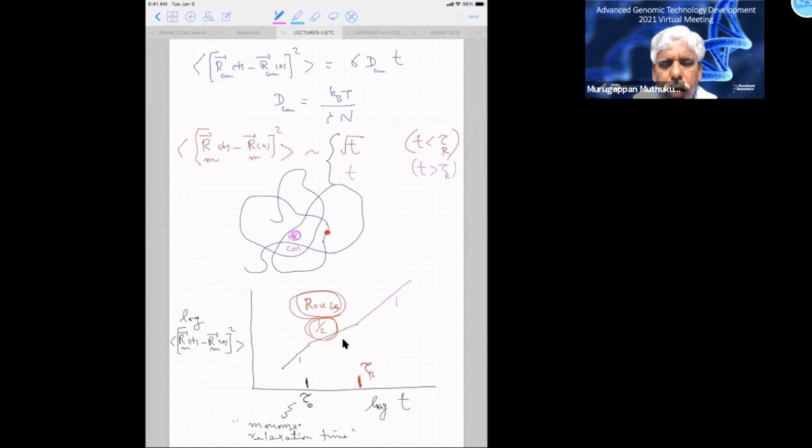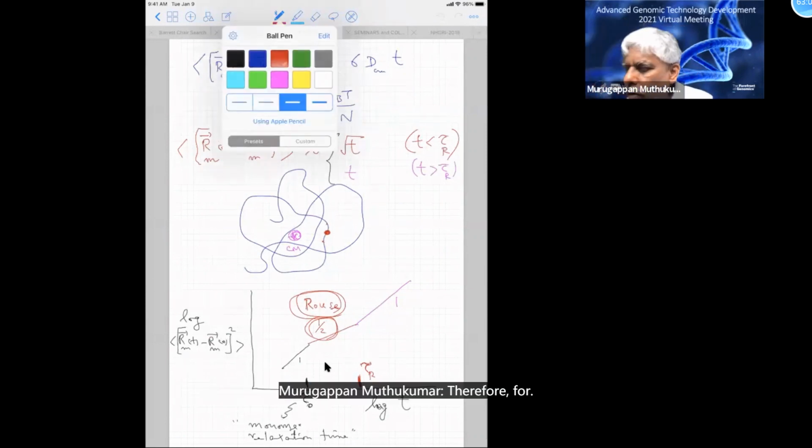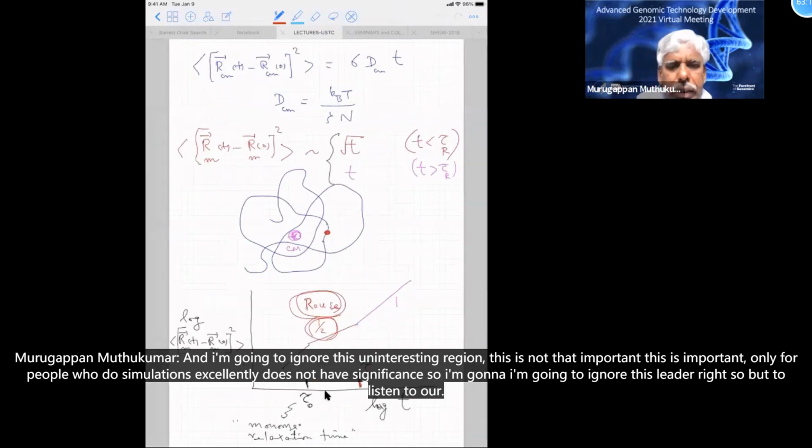We have sub-diffusion, or due to chain connectivity, it's a very different dynamics. Therefore, for t less than tau R, and I'm going to ignore this uninteresting region. This is not that important. This is important only for people who do simulations.